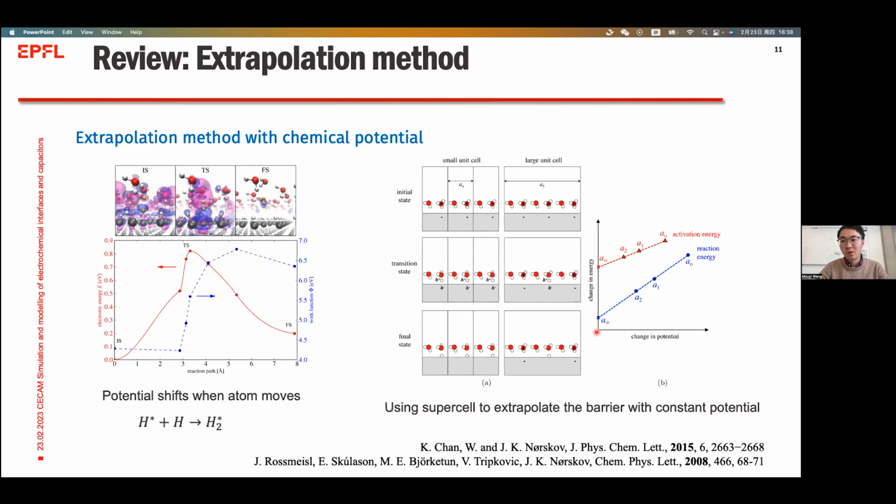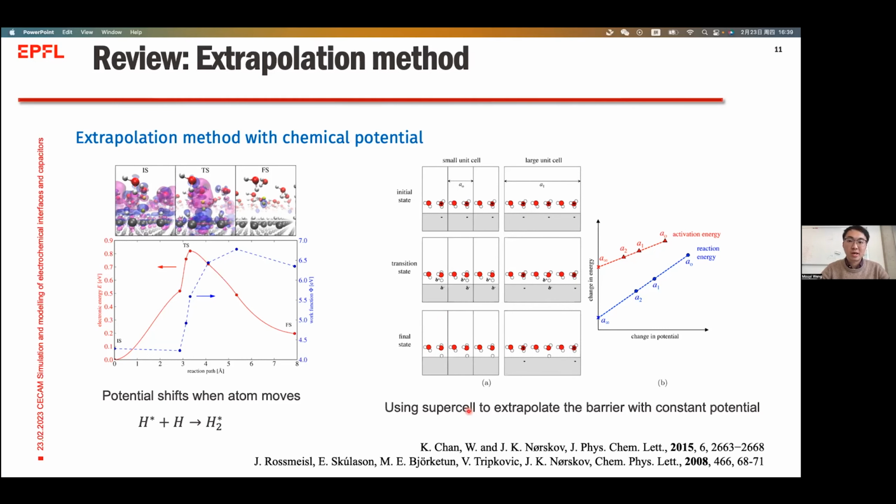But we want to do the grand canonical way directly in DFT with one calculation. For calculations with large changes in the surface, the electronic structures will change when the number of electrons changes.